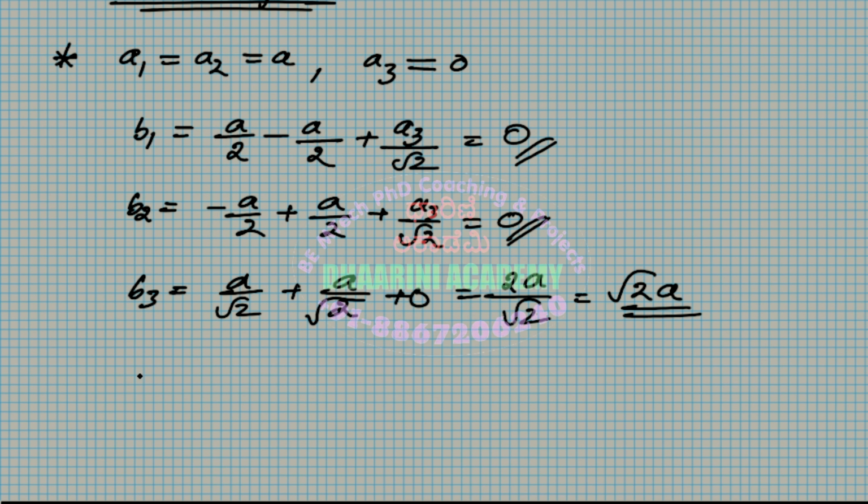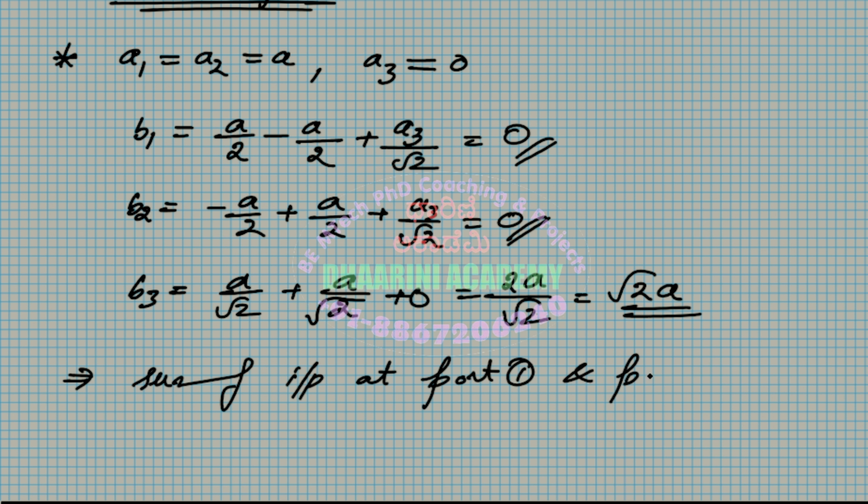So this implies the sum of inputs at port 1 and port 2 is available at port number 3.